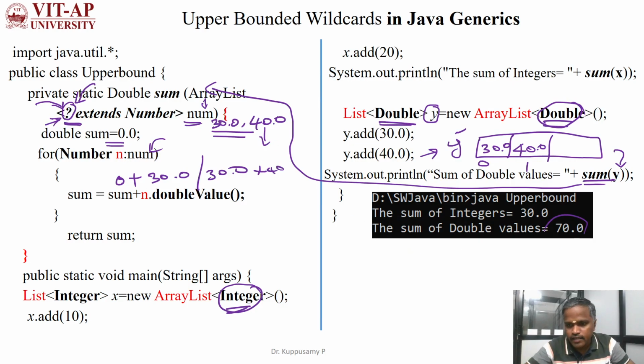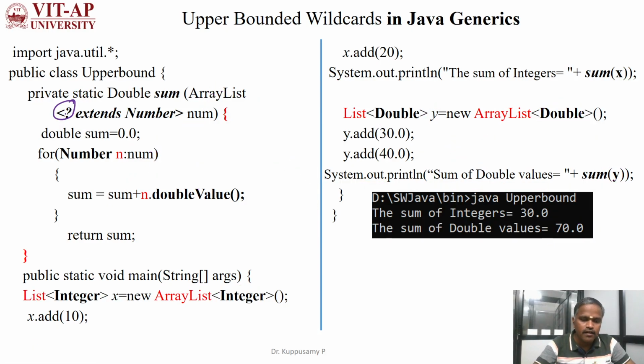So the result, 70, is printed as the sum of y. Here we should observe that the wildcard is accepting any kind of data object values. First it accepted Integer object values, and the second time it accepted Double data type object values. That is the main purpose of the wildcard.